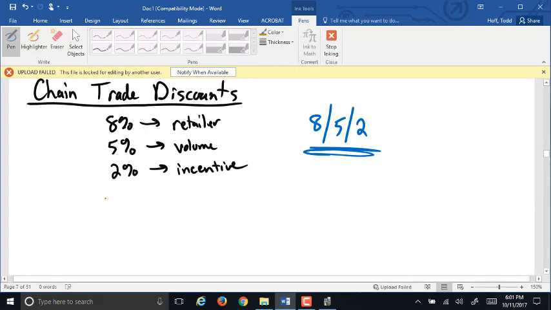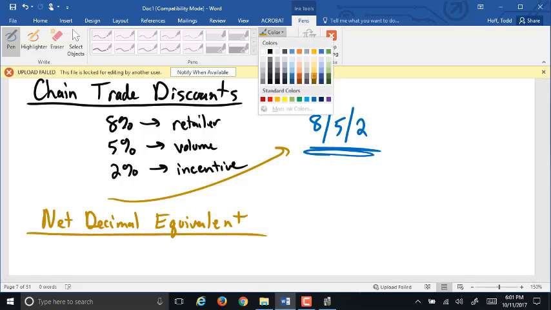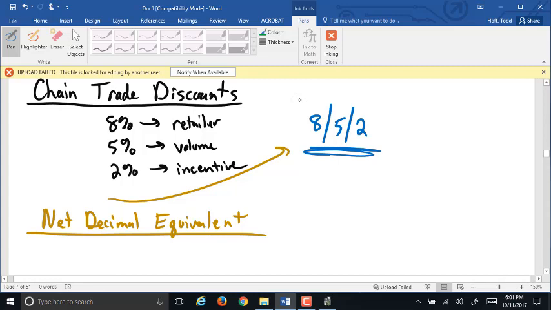From that discount, we can find the net decimal equivalent, the NDE. Believe it or not, it is easier to find the net decimal equivalent than it is to find that single discount equivalent.